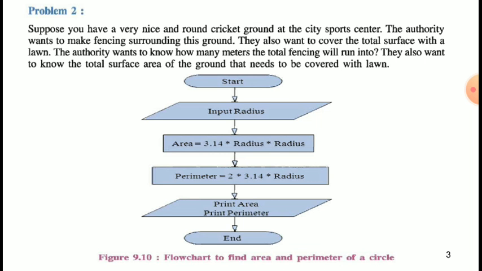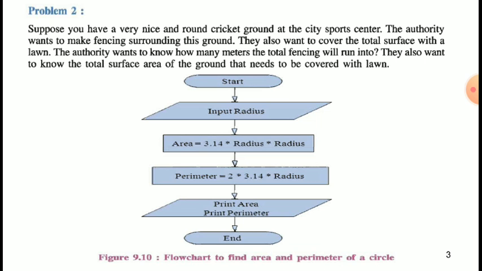So first and last, that symbol is terminal, that means an oval, starting and ending. Second, input, that means a parallelogram symbol. So input radius, and then after that is a process, the rectangle symbol.